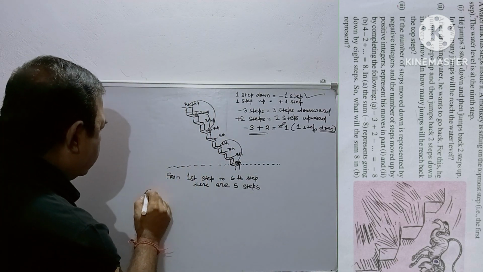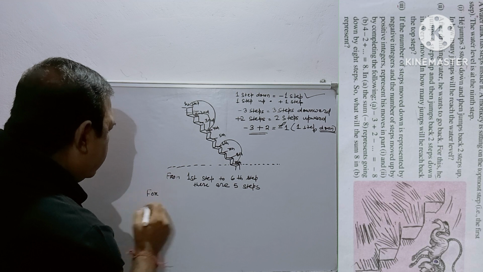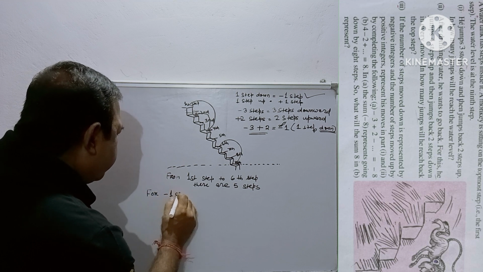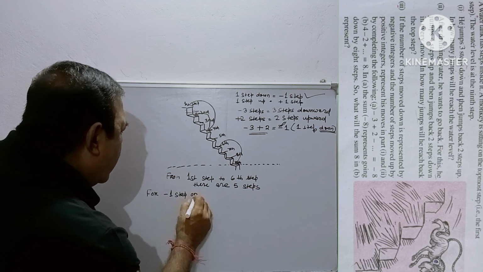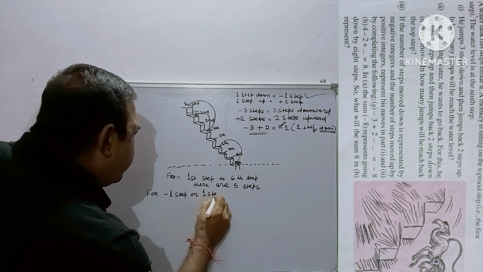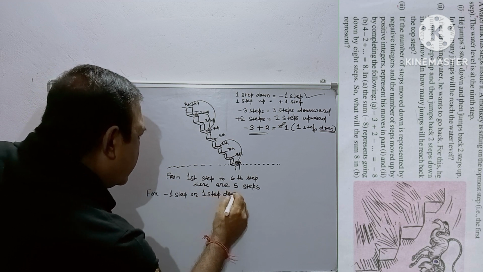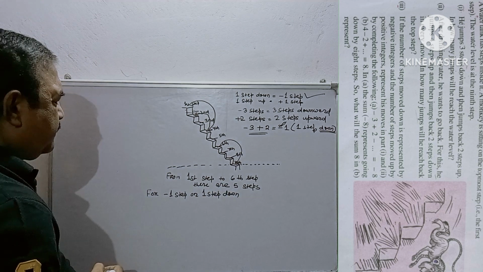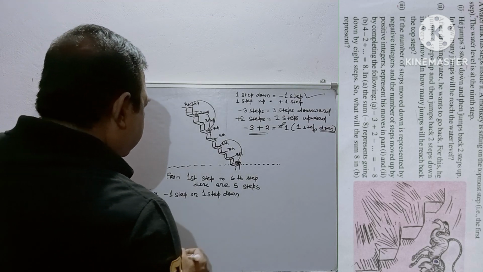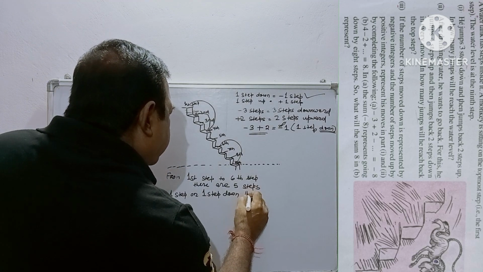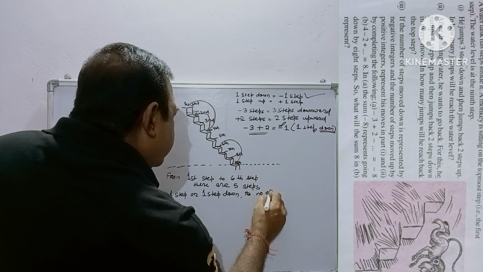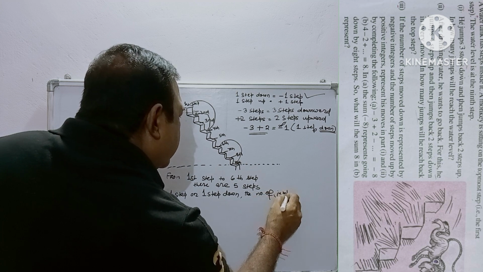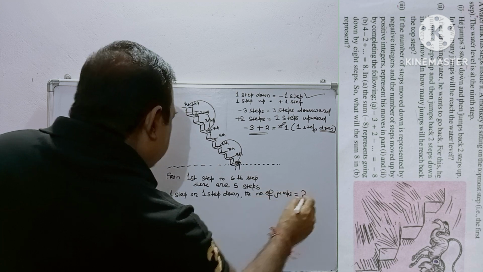So for -1 step or 1 step down, the number of jumps is equal to 2.